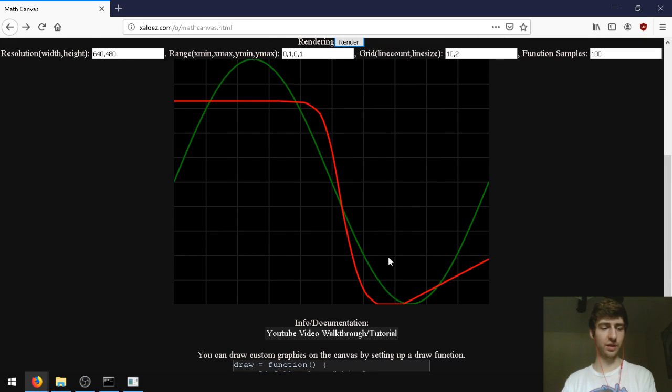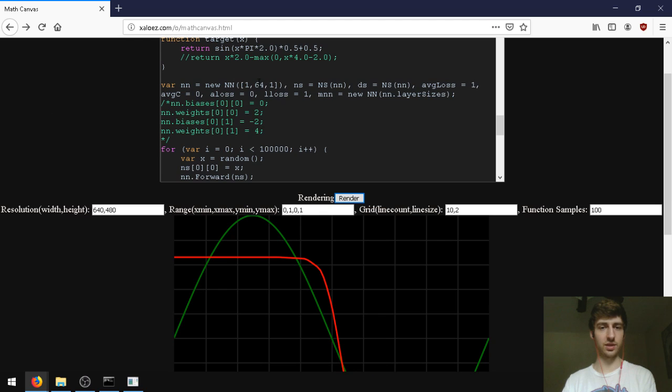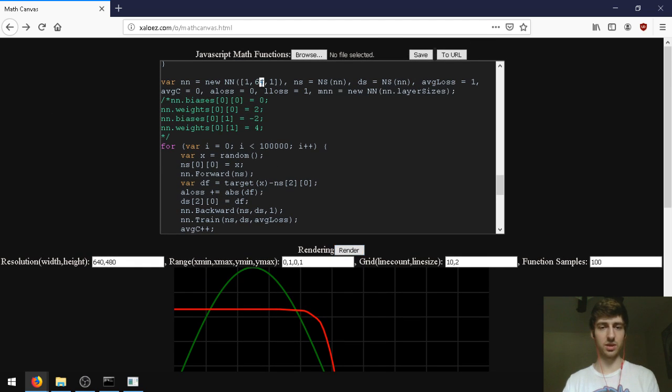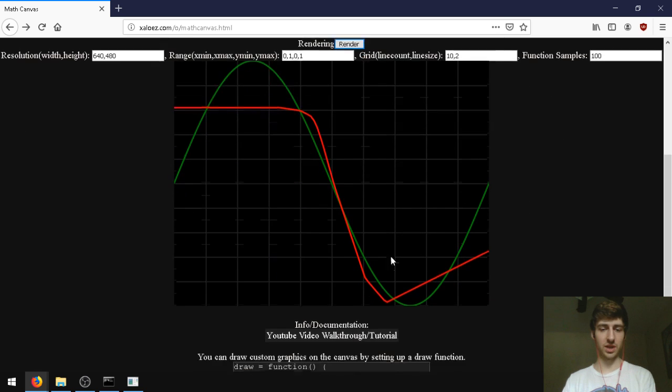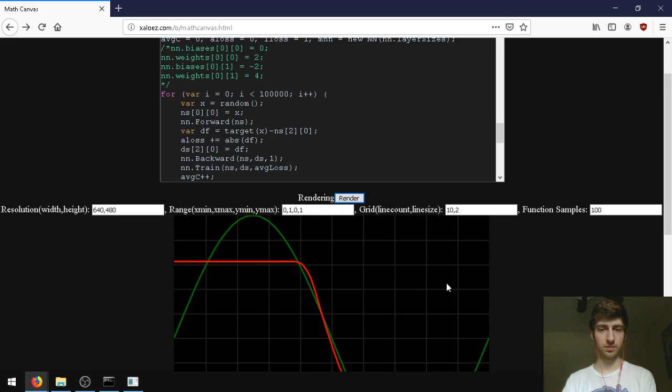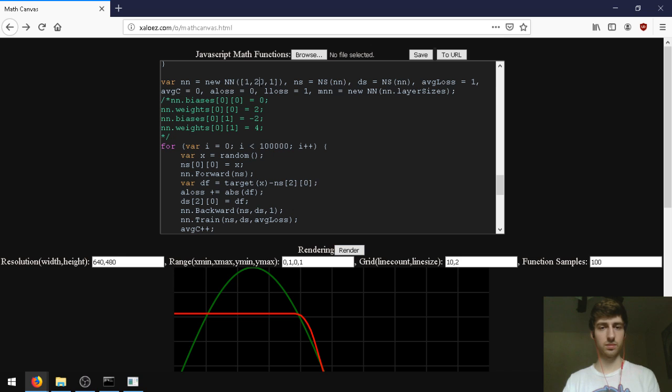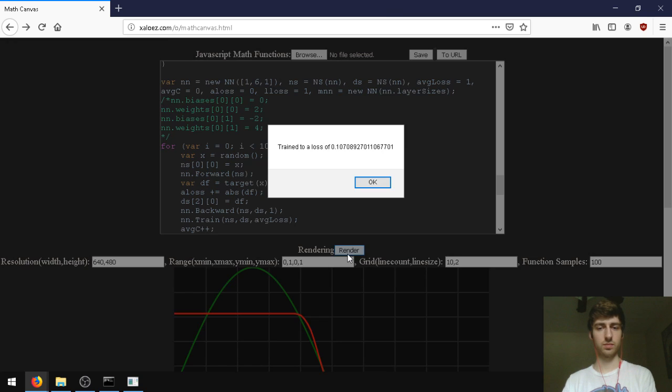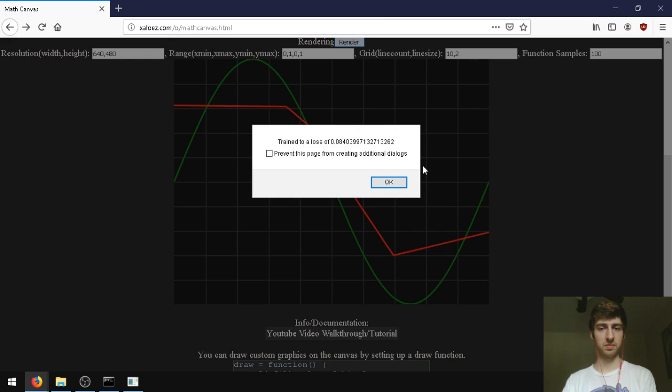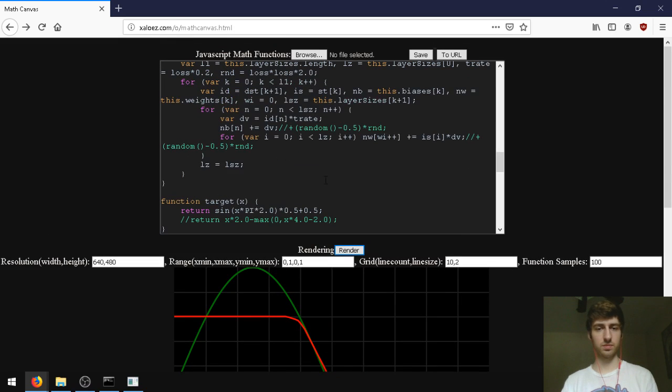This is weird how even with the 64 neurons, it's not, maybe it has too many neurons. Maybe there's too many. No, apparently it needs the random seeding. Or actually, maybe it needs different training rates.